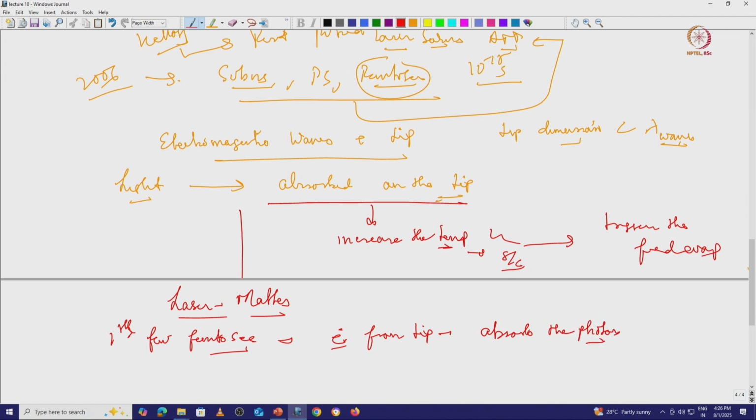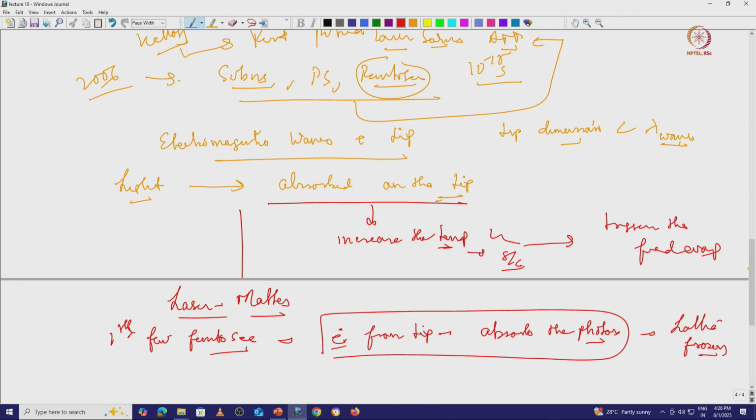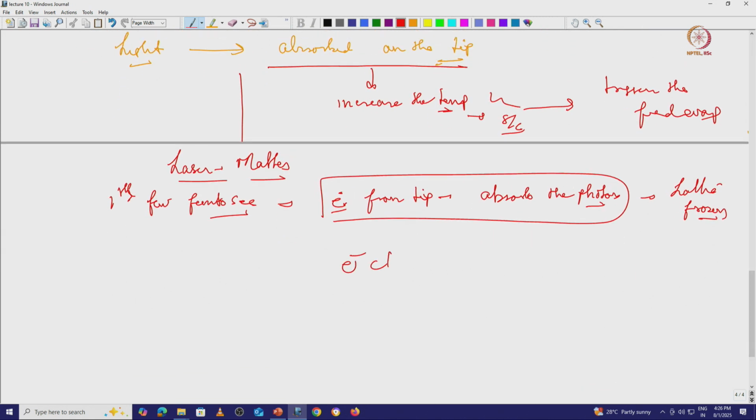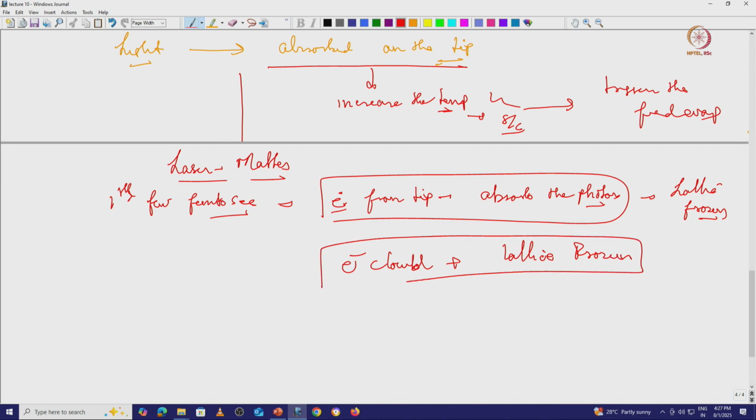But even though the electron absorbs the photon and gets heated up, the lattice is still frozen. So you will have an electron cloud at higher temperature plus a frozen lattice system. This is the total system. The electron cloud is warmed by the photon.